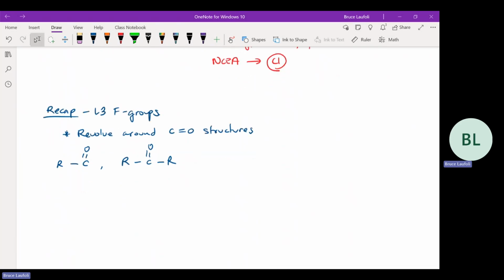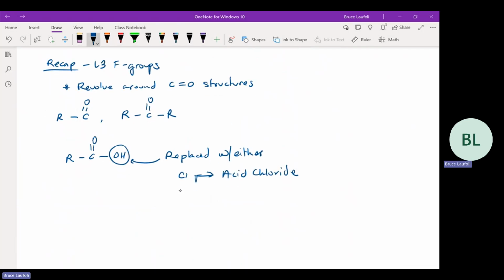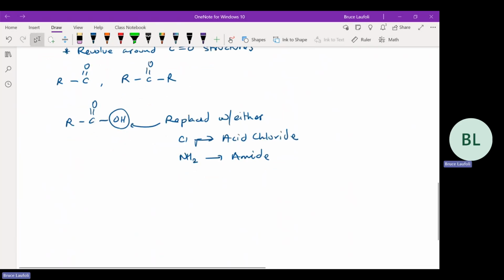And then we have our carboxylic acid derivatives, where we have this replaced with either a Cl, which will give us an acyl chloride or acid chloride. If it's replaced with an NH2 group, then it's an amide. And if it's replaced with an O and then the rest of the chain, then we get an ester.